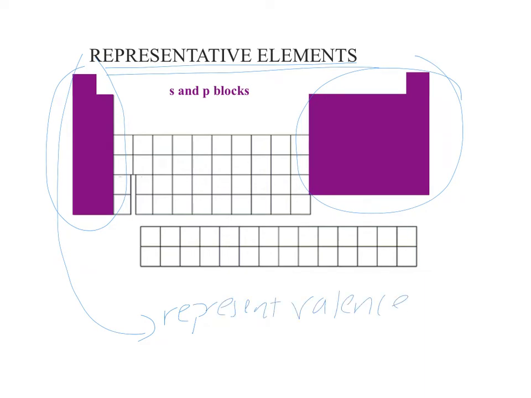And those become super important to us because they can help predict chemical behavior. If something's going to be stable, if something's going to be reactive, who's going to bond with who, is all coming out of the outer electrons or valence electrons. And valence electrons are specifically found in the S and P block. So we can call them the representative elements.